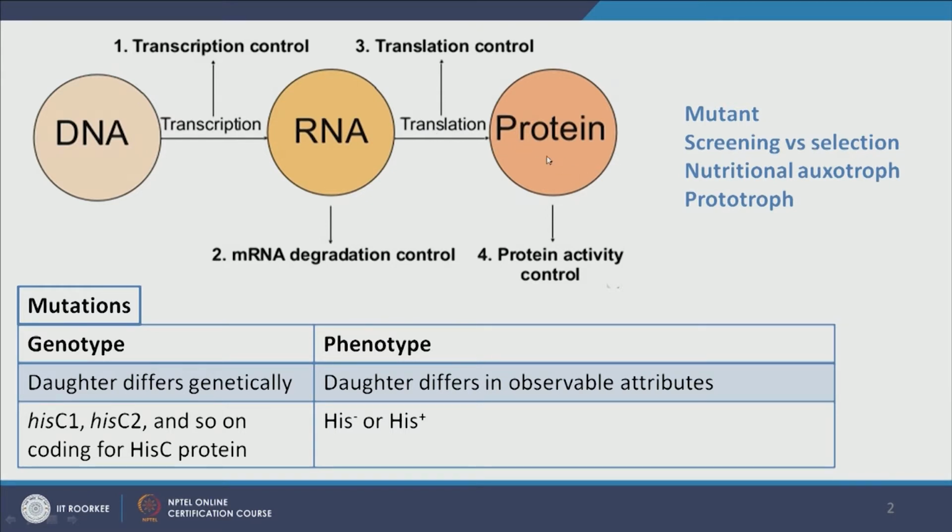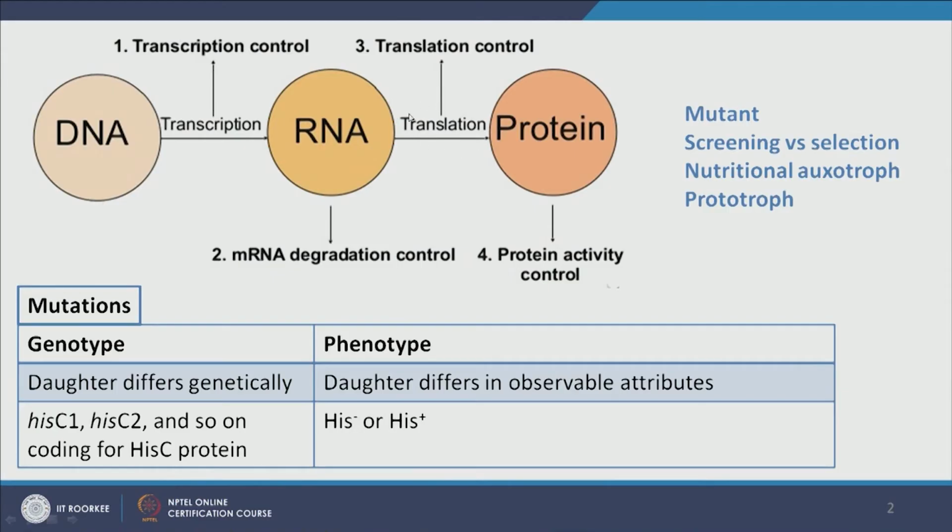For example, let us say initially there was a need for a particular protein, let us say HisC protein, which helps in degrading histamine. By the moment the HisC protein is enough, the cell can stop further translation by controlling this translation step. Again, it can use different enzymes and signals to inactivate the mRNA so that further protein cannot be made.